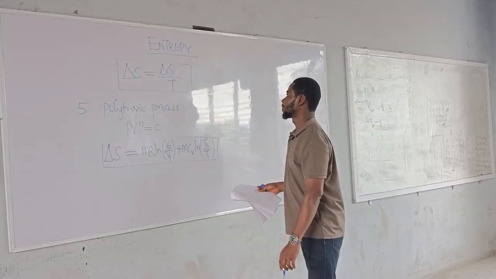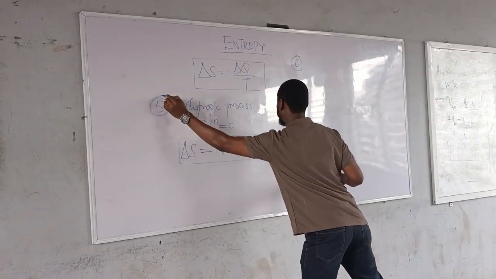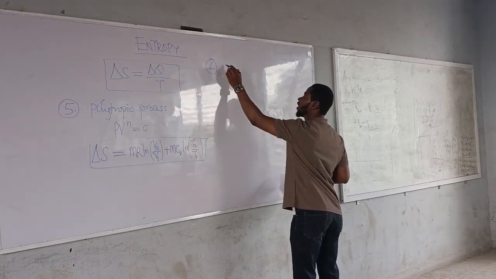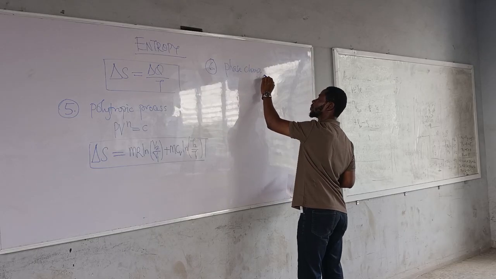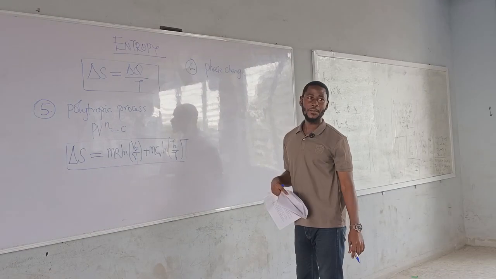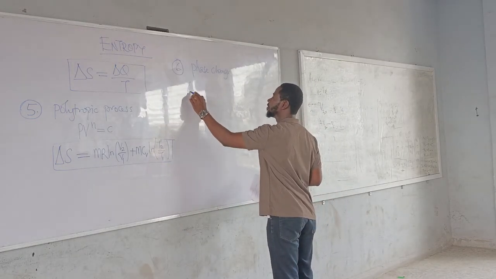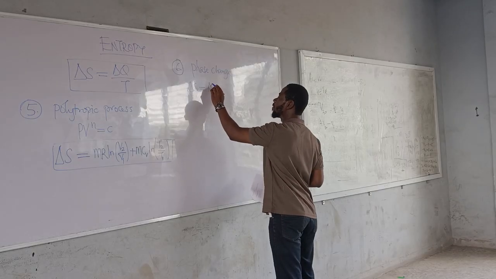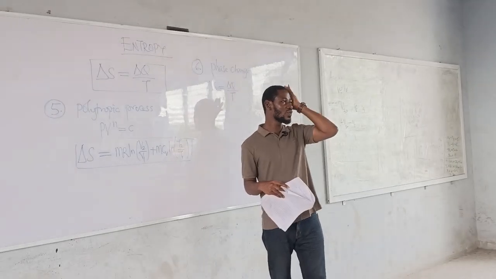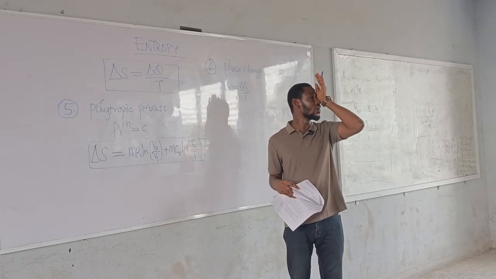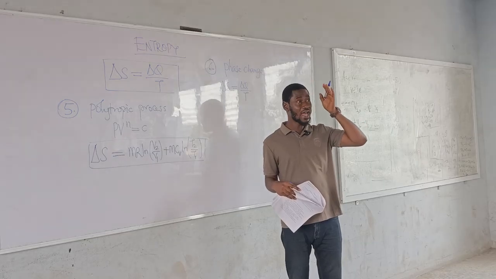And the sixth one is phase change. What is the entropy change that occurs in this system? This one is very easy. Change in S equals our normal change in Q over T. Don't forget there is a particular problem that we solved when we were treating an example on heat transfer, where we made Q equivalent to entropy.